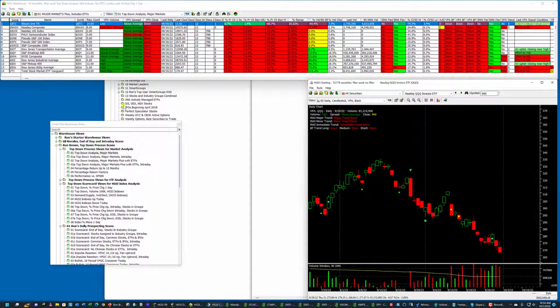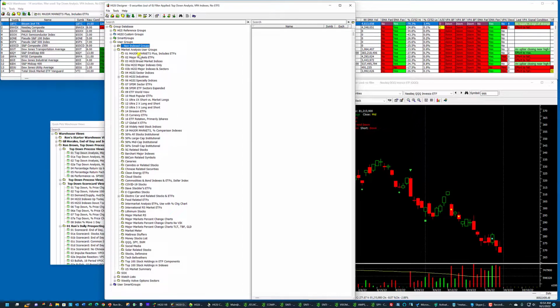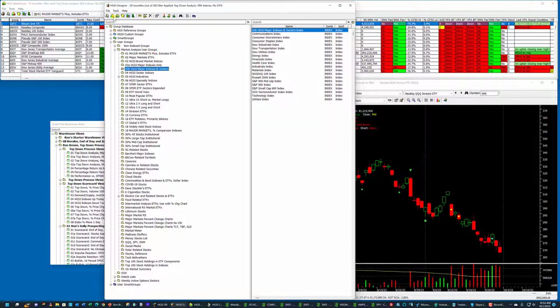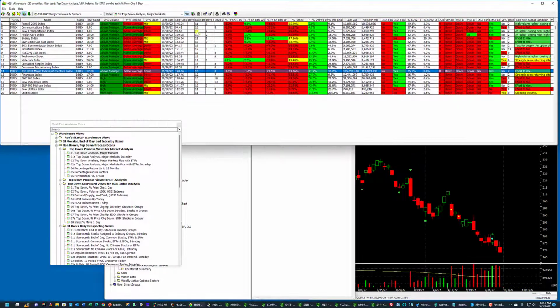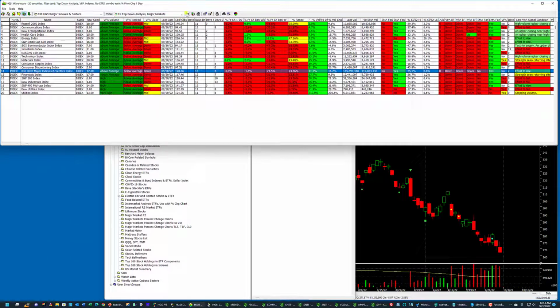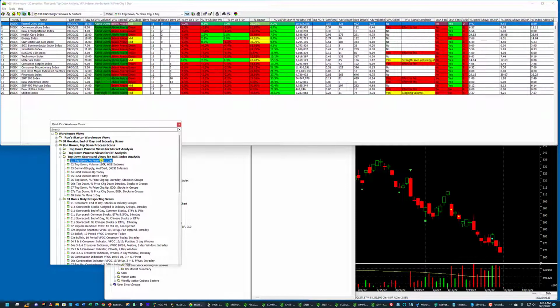I'm going to go to my designer and down into the market analysis user groups, and I'm going to go into the indexes and sectors. I'll click through to the warehouse. This is where I already had it up, I guess. This is where I want to go into the HGSI index analysis, the percentage price change 1 day.